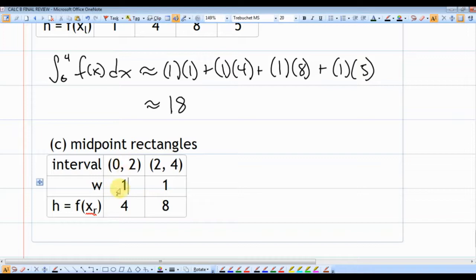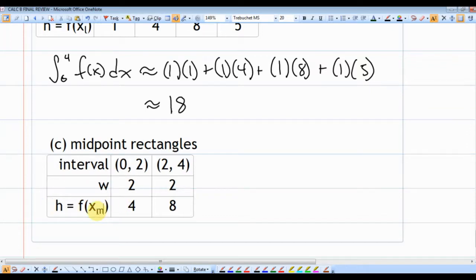So the width is going to be different now. Now this width is 2. And the height is going to be the height at the middle. Okay, so between 0 and 2 is 1. The height at 1 is 4. Between 2 and 4 is f of 3. The height at f of 3 is 5.